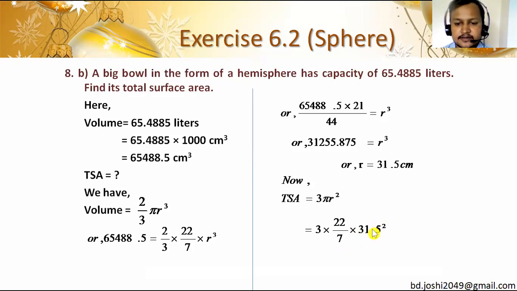Find out the square of 31.5 and then multiply that with 22 and 3 and divide that by 7. You will get 9,355.5 square centimeter, and this is the required answer for question number 8B.